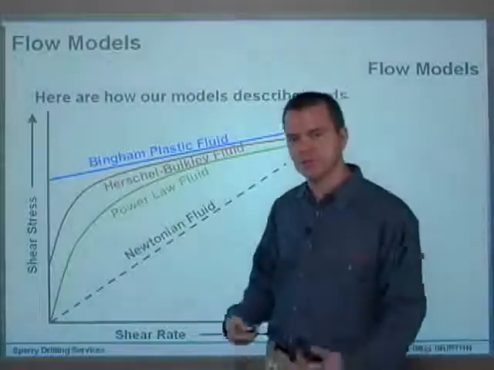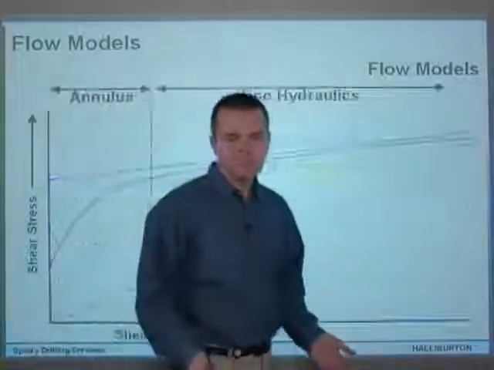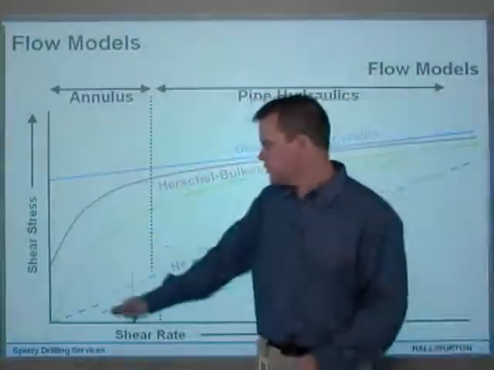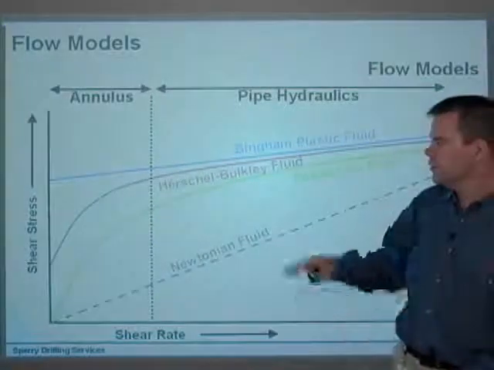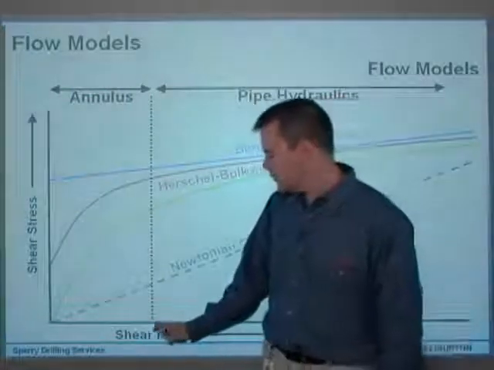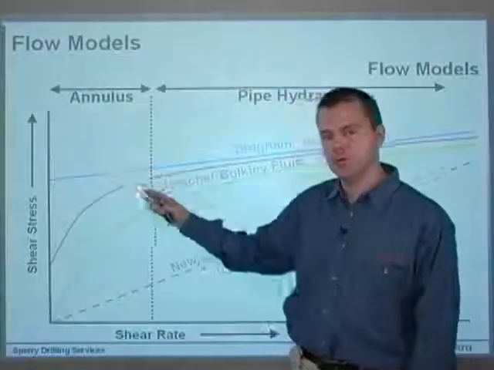So how would we relate this graph to an oil well? If we look at shear stress and shear rate, we've got the same four curves on here: Bingham plastic, Herschel-Bulkley, power law, Newtonian fluid. Down at the lower shear rates, we could say this is representative of annular flow.